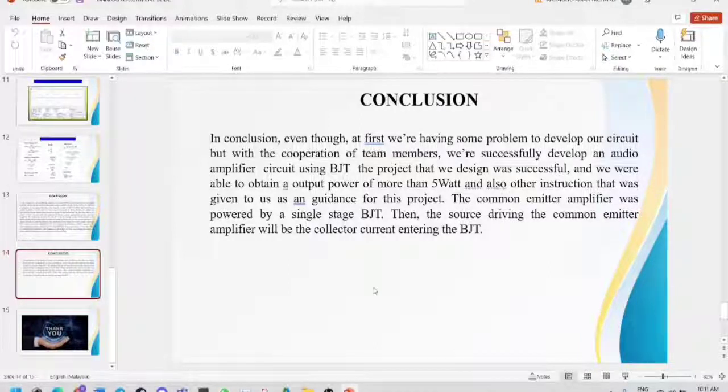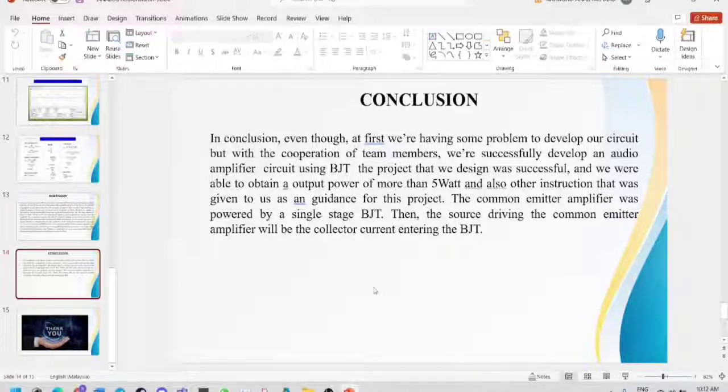The final product of the project design was successful, and we were able to obtain an output of more than 5 watt. We were very thankful for the instruction that was given, because that was important guidance for our project.